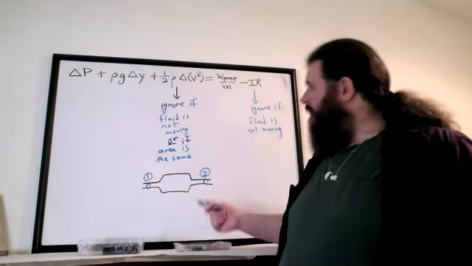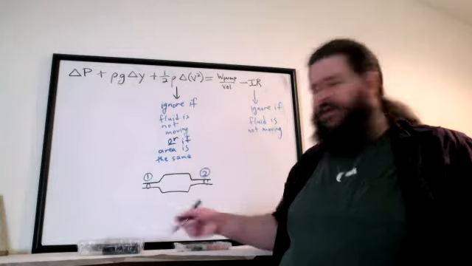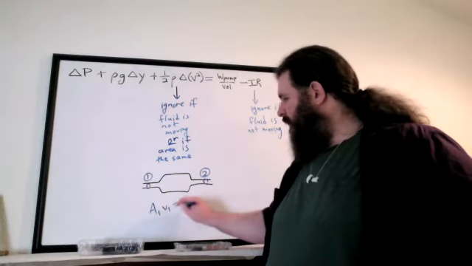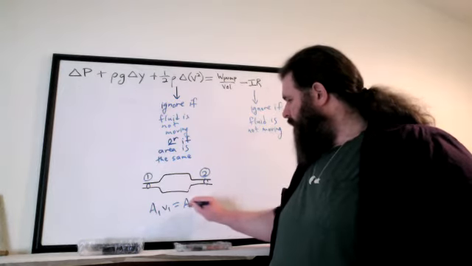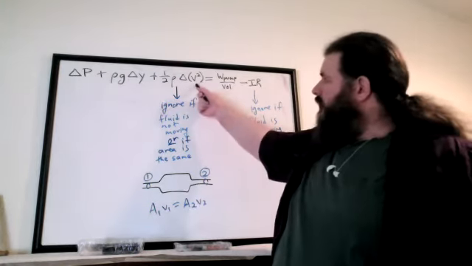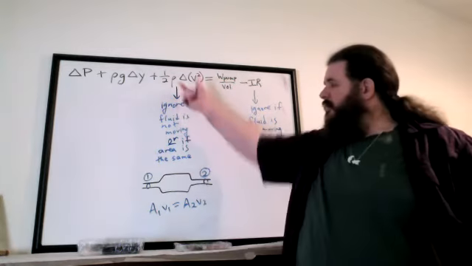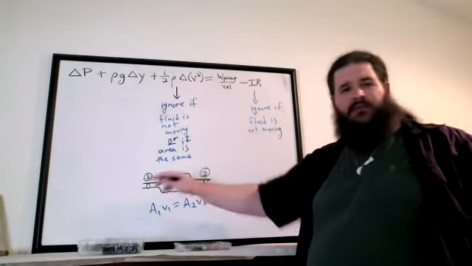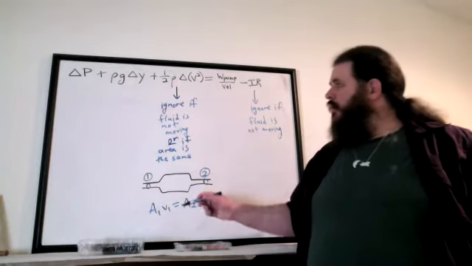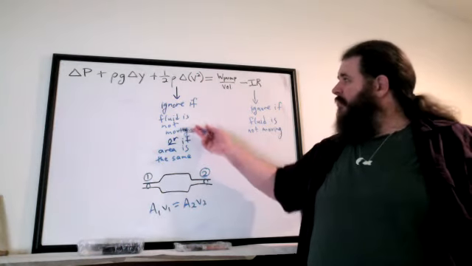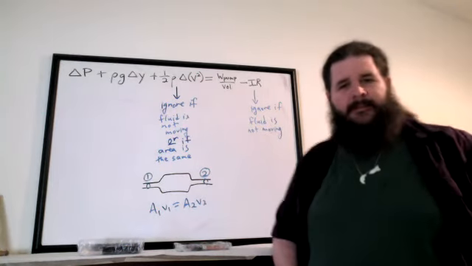So same area means same speed because of the continuity principle. A1 V1 equals A2 V2. So that means no change in speed, which means this term can be ignored. So you can ignore this term completely if the 2 points have the same cross-sectional area, or regardless of the shape, if the fluid is not moving, this term is going to be 0.